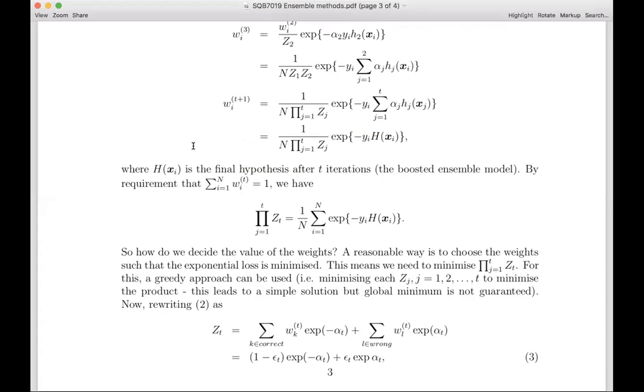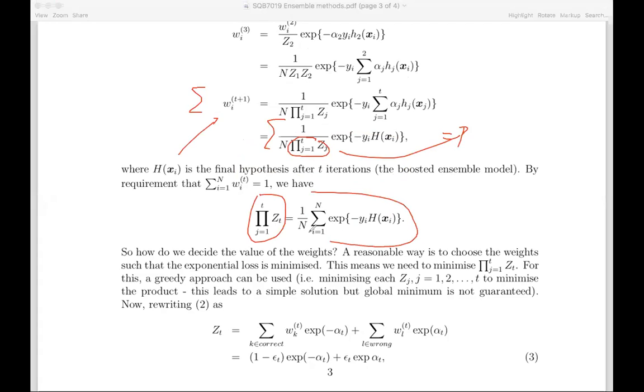The reason is that over here, you sum and this will equal 1, so this thing here is a constant. You can move it over here, so the product is equal to this part. It's nothing complicated, just algebra.